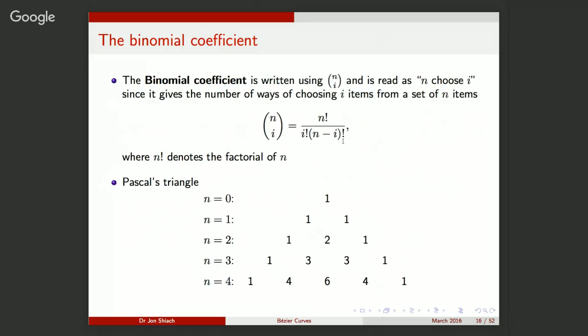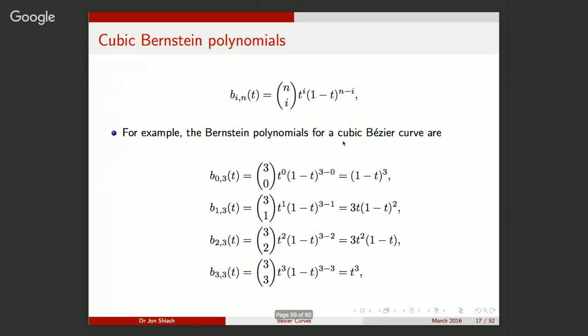Going back to the Bernstein polynomials, if we had a cubic Bezier, n would be 3, and we've got 4 Bernstein polynomials, i is 0, 1, 2, and 3. When i is 0, we have 3 choose 0, t to the power 0, (1 minus t) to the power 3 minus 0.